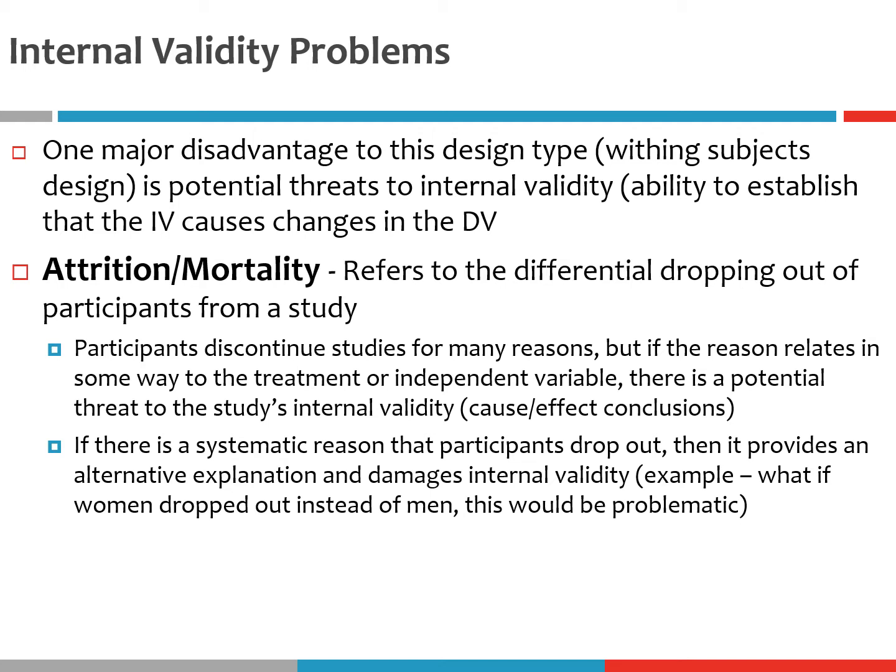So I want the dropout to be random. If it's not random, if there's a reason why certain people are dropping out versus others, now your study is confounded by whatever that reason is, and then you can't draw cause and effect conclusions. So the study lacks internal validity. That's a problem.